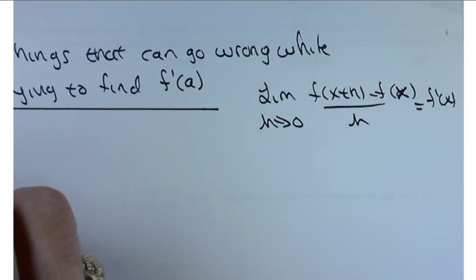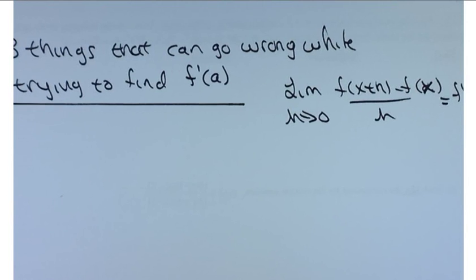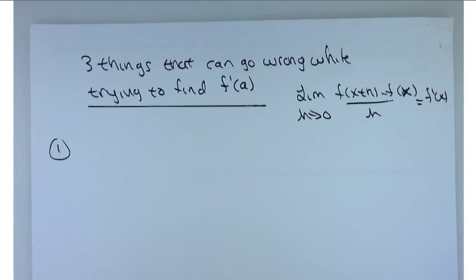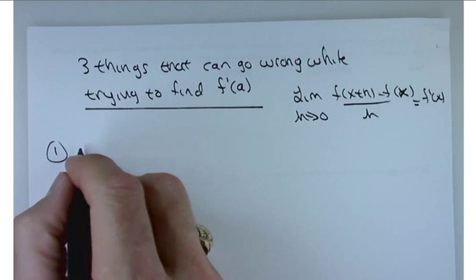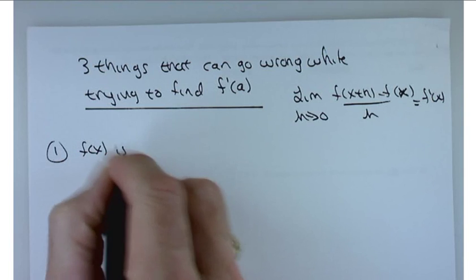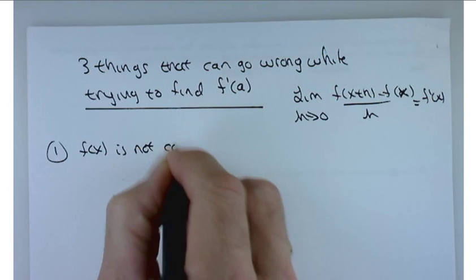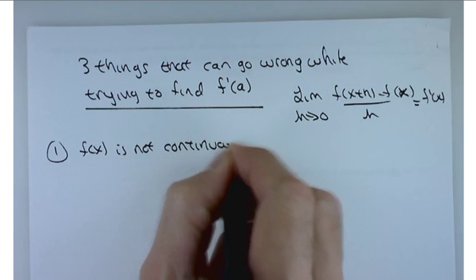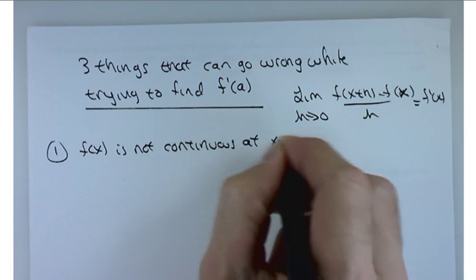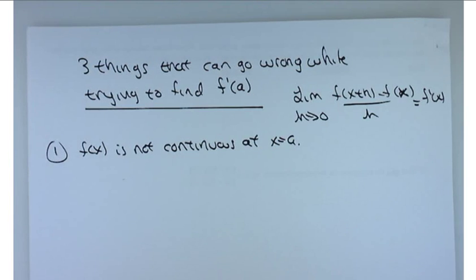So one thing that can go wrong is that the function is not continuous at x equal a. So f of x is not continuous at x equal a.